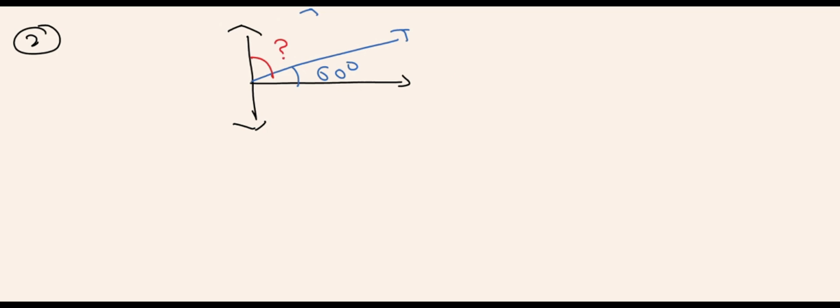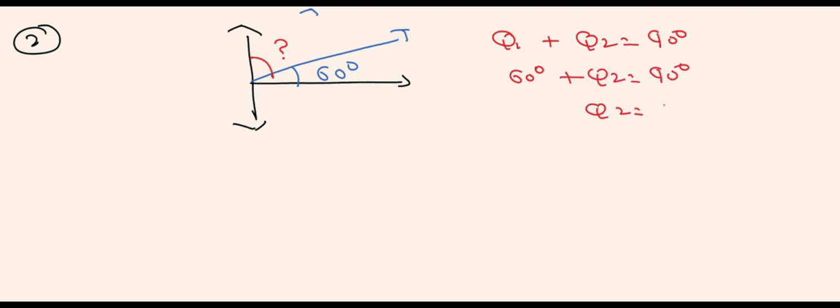These are complementary angles, and complementary angles are those angles whose summation is equal to 90 degrees. So if theta 1 is 60 degrees, plus theta 2 equals 90, theta 2 here is 90 minus 60, which is equal to 30 degrees. So this one here is 30 degrees.